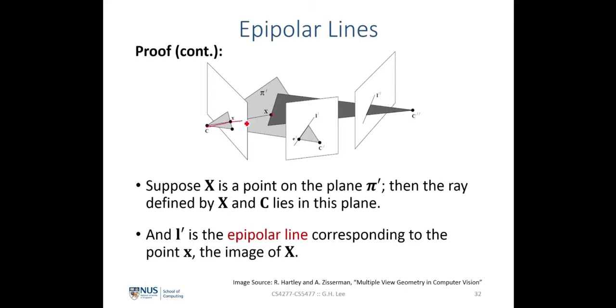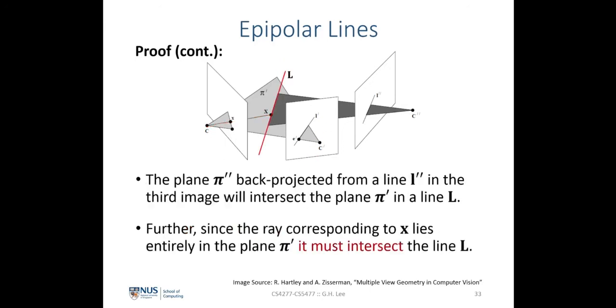This light ray over here will sit on this particular plane, which is the epipolar plane. And hence the line L' that is formed by the intersection of this epipolar plane and the second image would be what we call the epipolar line. Let's denote this by L'.